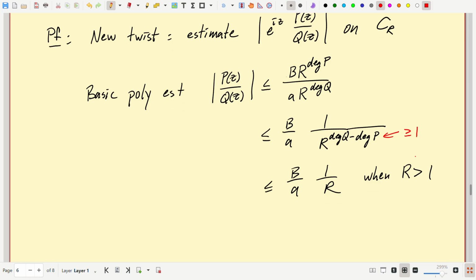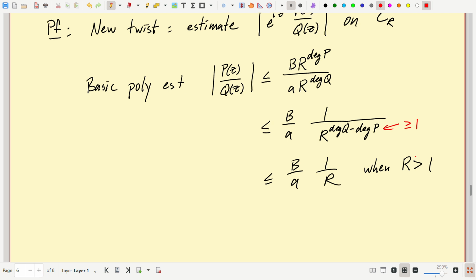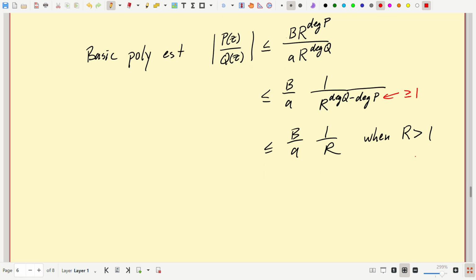And then we can use Jordan's lemma to estimate the e to the i z part. I won't write out the details again. Use the Jordan's lemma trick, the method to estimate.